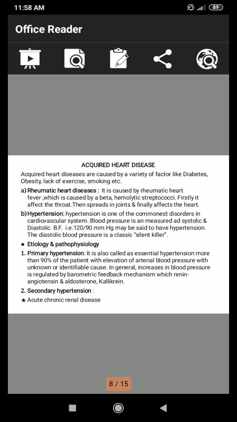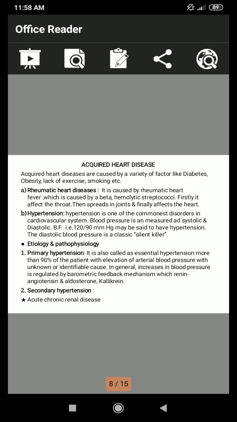Normal blood pressure is 120 over 80 mmHg in range. A person whose readings are consistently above 140 over 90 mmHg may be said to have hypertension. Hypertension is a classic silent killer.